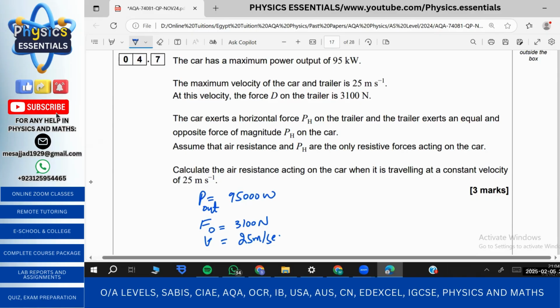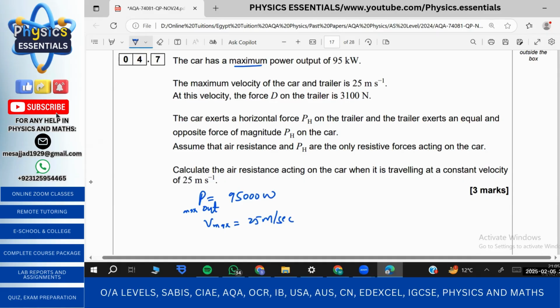Now there's a trick here: the drag force of 3100 should not be used here. We have to rather calculate the force using the max speed. The max power is this, and the v max is 25 meters per second.